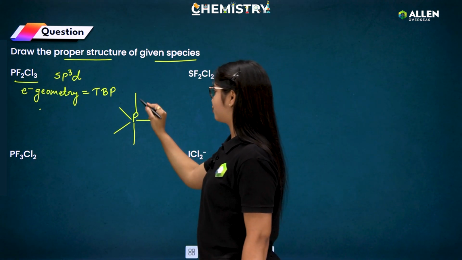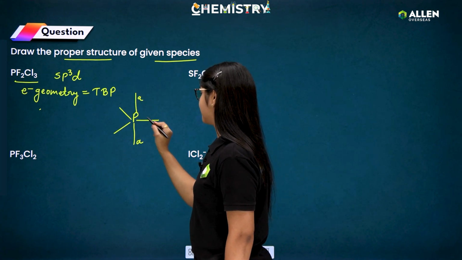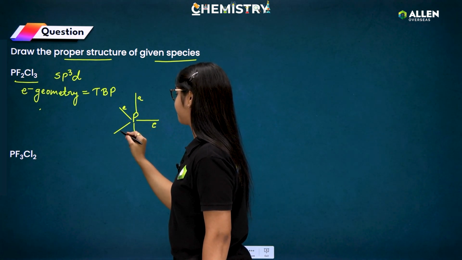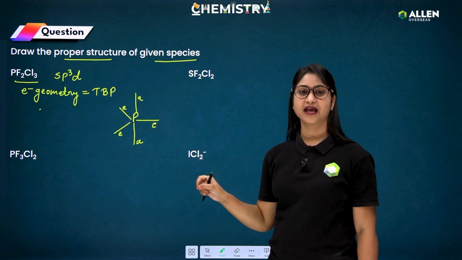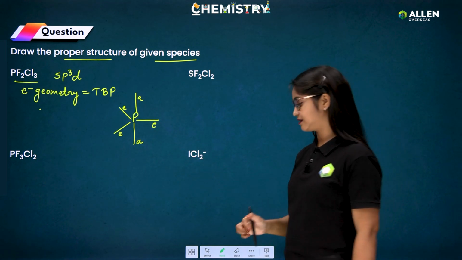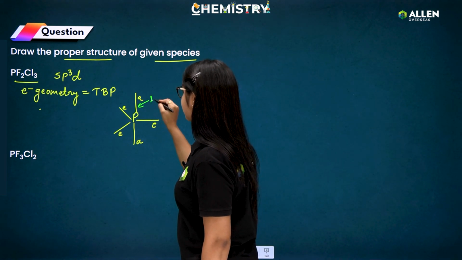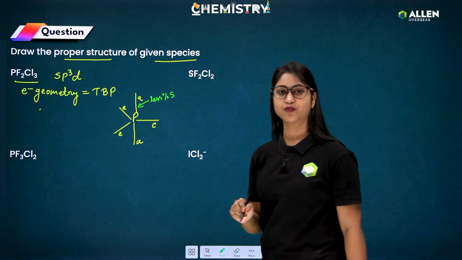I know that these two perpendicular bonds are called axial bonds, and these three trigonal planar bonds are called equatorial bonds. Now, in this geometry, the axial bonds have less percent s character. Always remember, these axial bonds have less percent s character as compared to equatorial bonds, right?